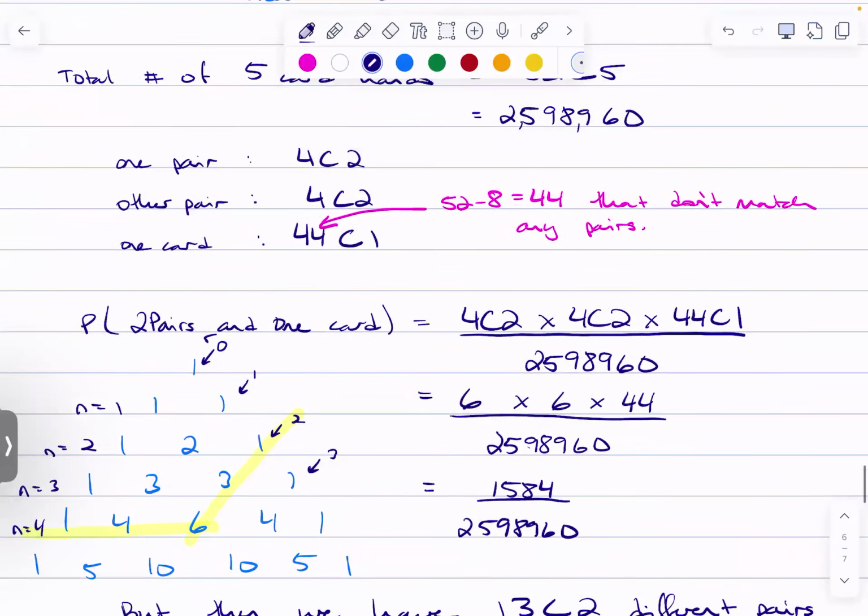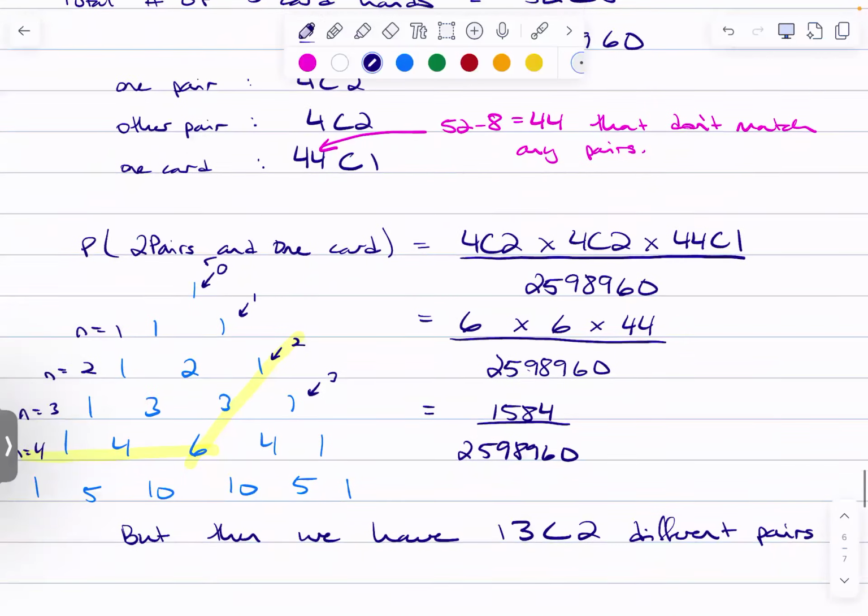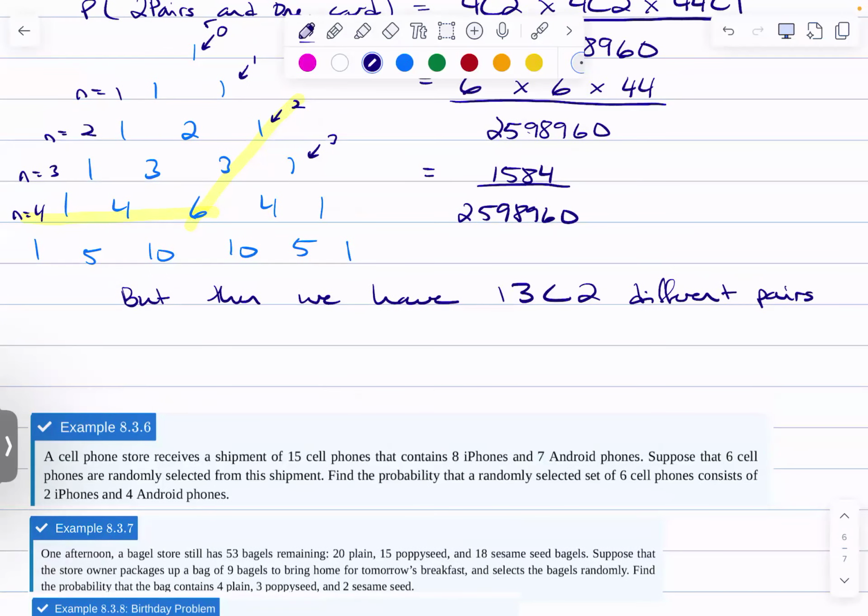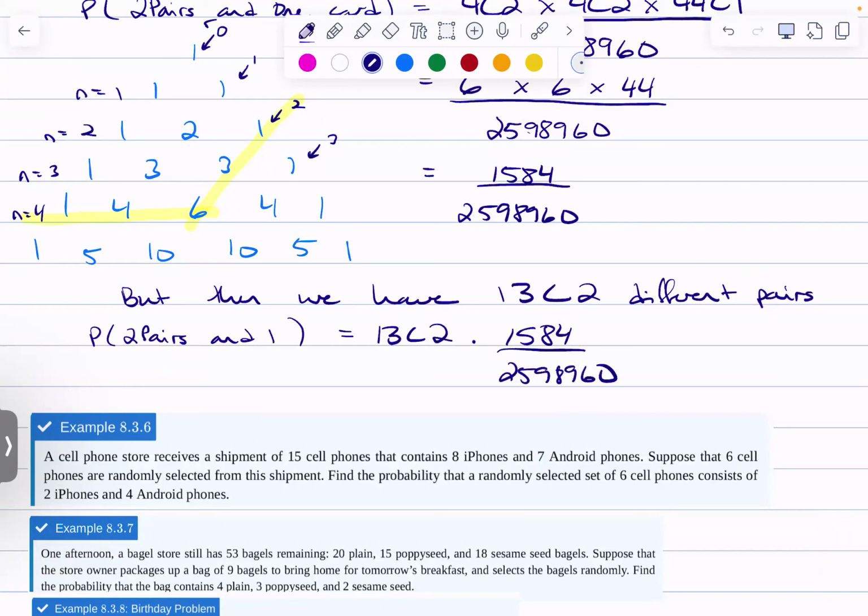Let's just do it for fun. So then the probability of two pairs and one is 13 choose 2 times that probability that we found. And then I give up.